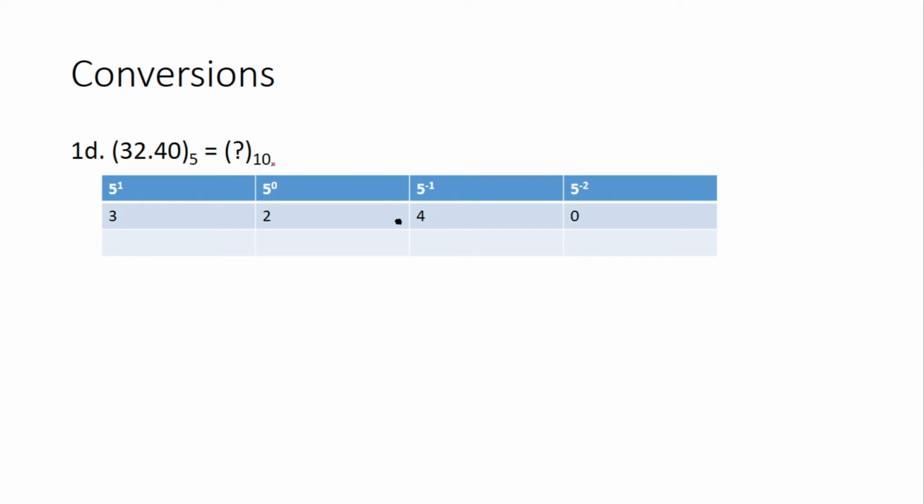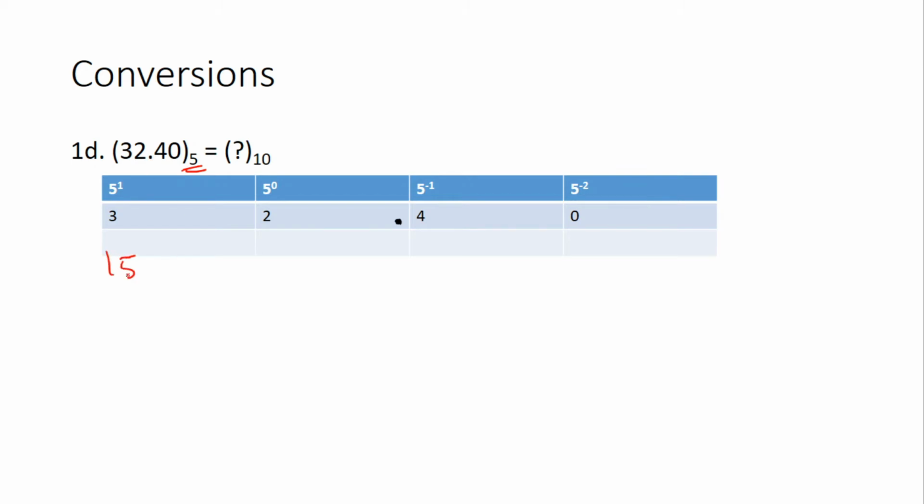And similarly, this conversion is not just restricted to binary, octal and hexadecimal to decimal, but for any number system, for any given base, we are going to do the same procedure. We write down the number, and then multiply it with the corresponding place value power. So 2 would be multiplied with 5 raised to the power 0, and 3 would be multiplied with 5 raised to the power 1.